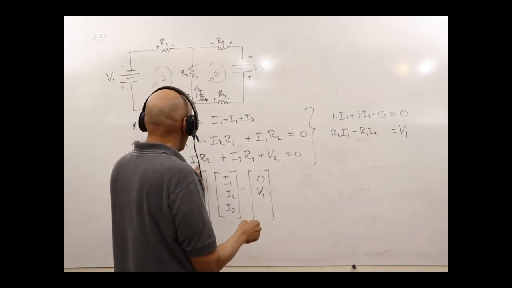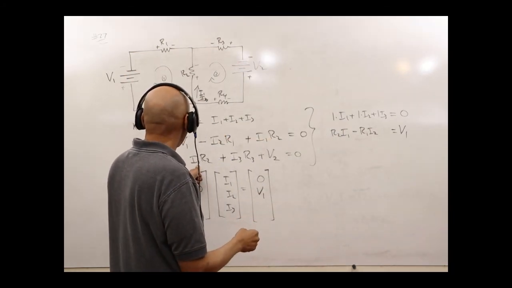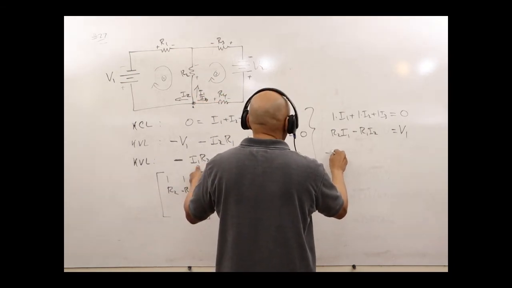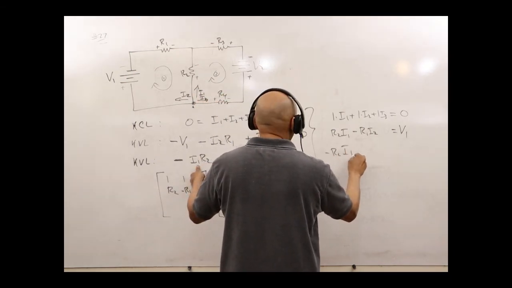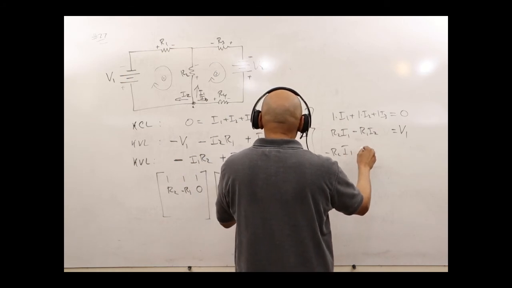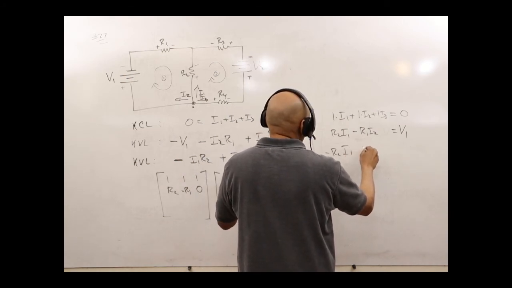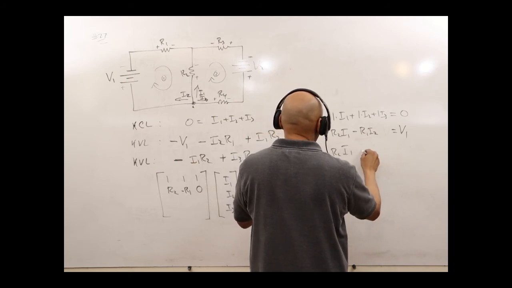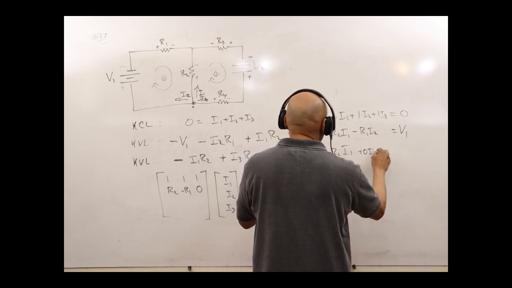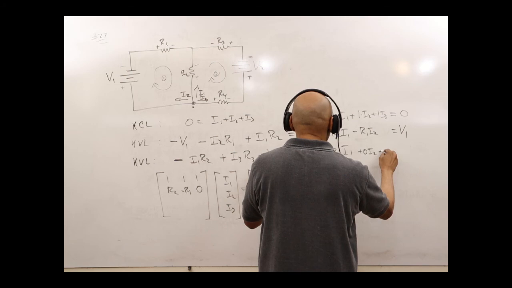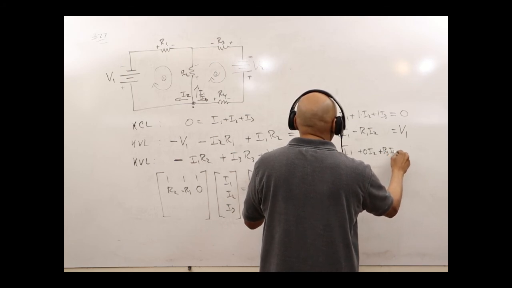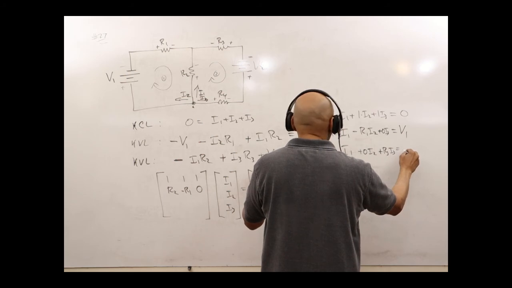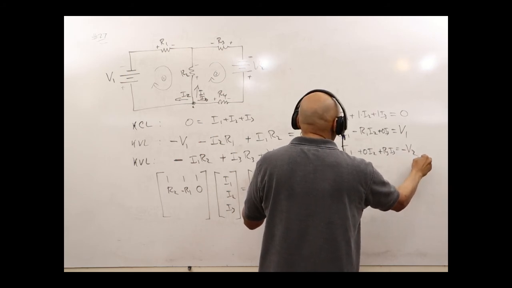I'm going to repeat this process again, so this is minus R2 I1 and, where's R2? So that's 0. So plus 0 times I2, and then there's a plus R3 times I3. So there's actually a 0 times I3 over here, and that's equal to minus V2.